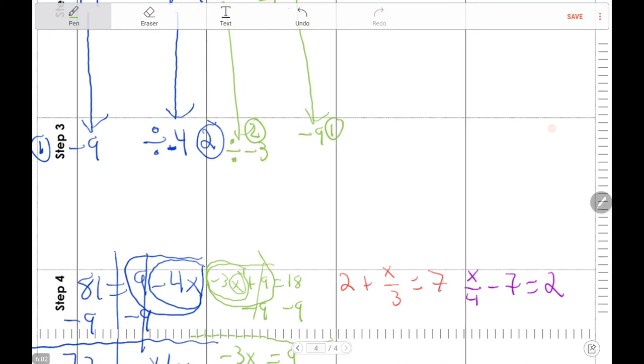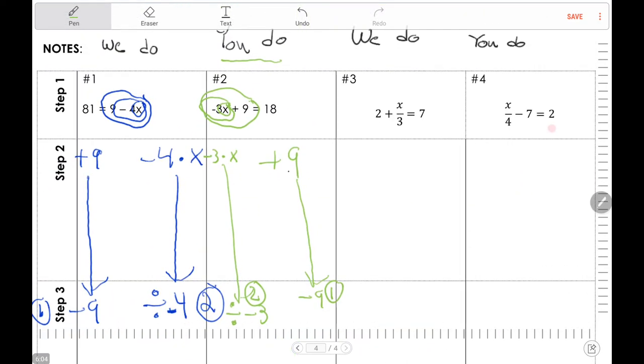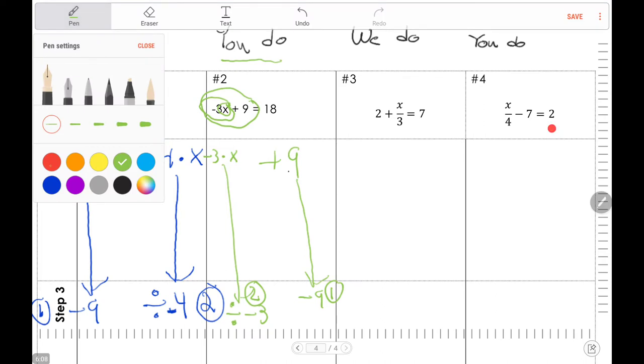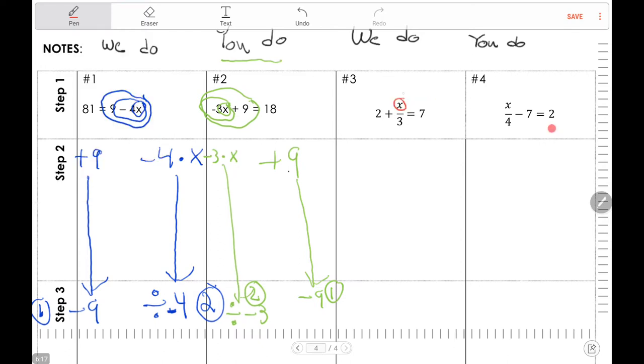Okay, next one, since I'm a nice guy, I'm going to do that one for you. It is going to be red. Okay, 2 plus x over 3. So remember, we have our x. We're dividing it by 3. Then we're adding those to 2. So we can, again, write our operations.